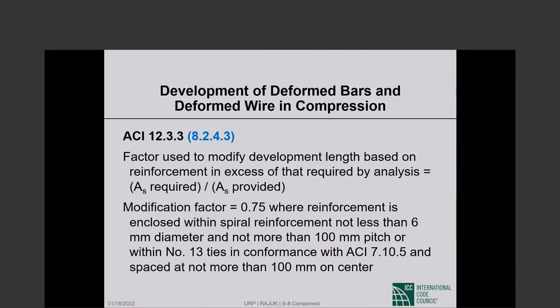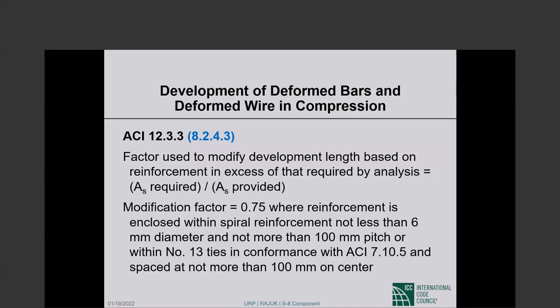Factor used to modify development length based on reinforcement in excess of that required by analysis. So the same excess reinforcement factor, and a modification factor of 0.75 where reinforcement is enclosed within spiral reinforcement not less than 6 millimeter diameter, not more than 100 millimeter pitch.